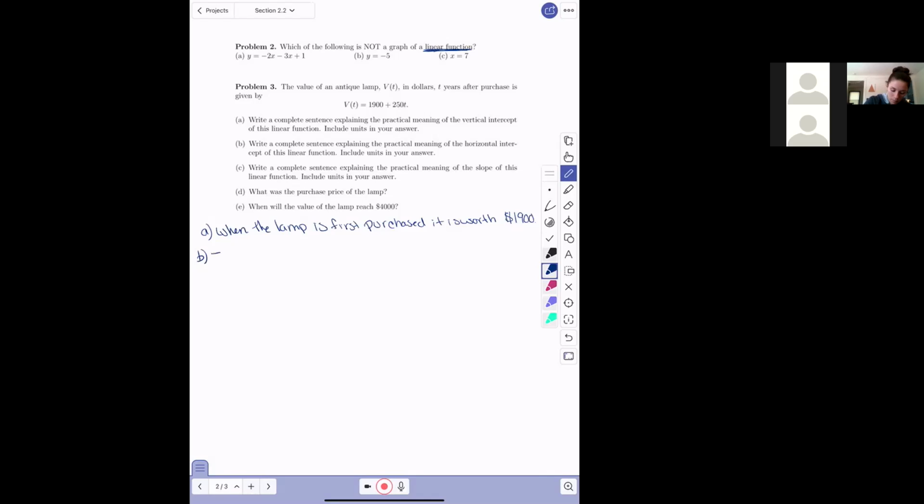So the horizontal intercept is the year prior to purchase that the lamp is worth $0.